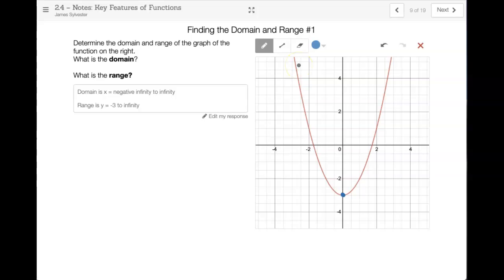It's a parabola again, and the absolute lowest value on the parabola is -3 on the y values. It goes as low as -3, but then it goes up forever.